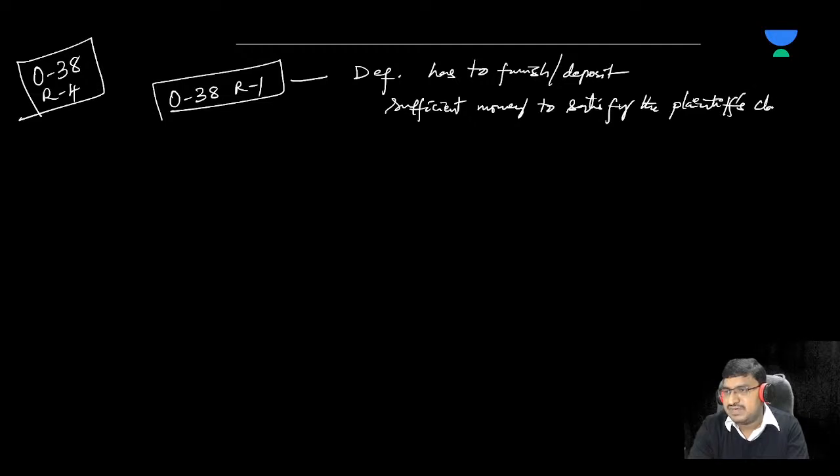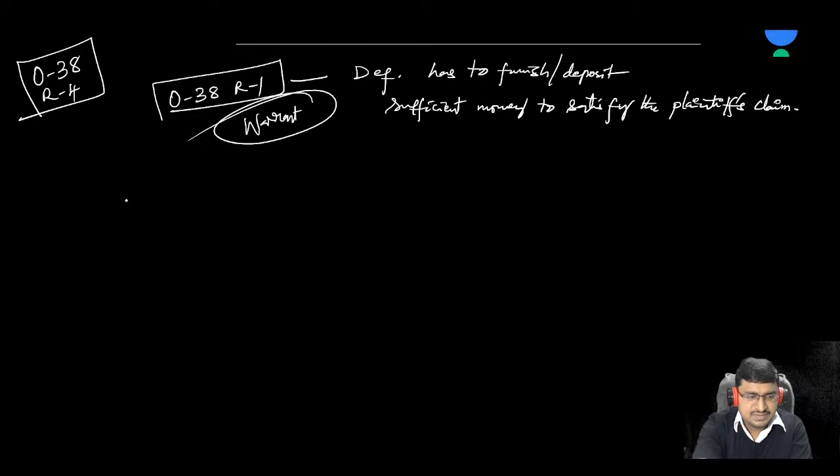The plaintiff's claim, friends. It speaks about the same. The court issues a warrant to the defendant and brings him before the court of law to show cause why he should not furnish the security for his appearance. This is about Order 38 Rule 1.